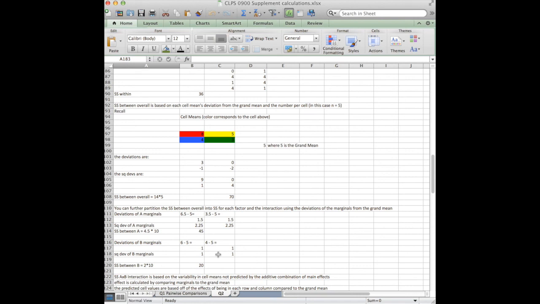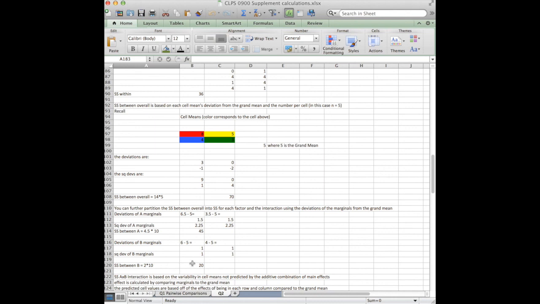And then you add those squared deviations here, 2 times the n per column. So in this case, we had 10 observations per column. So 2 times 10 gives you 20. So that gives you your sums of square between A term, which we calculated to be 45, and then the sums of square between B term to be 20.